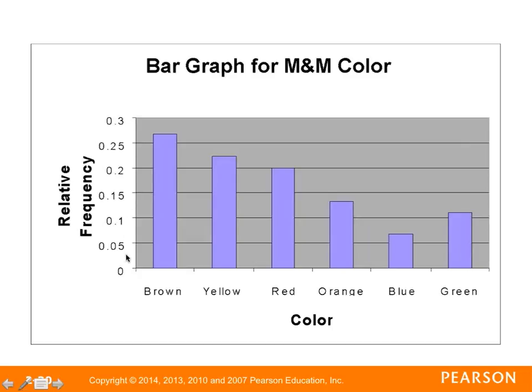And then we've created kind of these equally spaced numbers. We have not skipped any numbers, and you can see that the brown M&Ms make up about 26% or 27% of our data. Yellow is about 22%, something like that. I don't remember what the actual number was, but you can see how you can get the percentages from here.